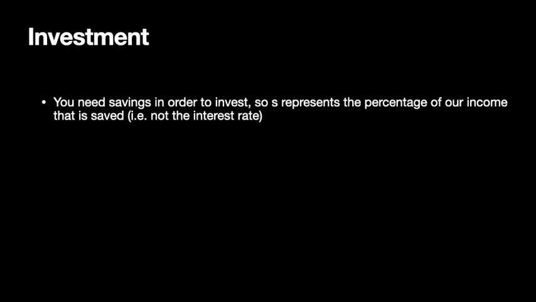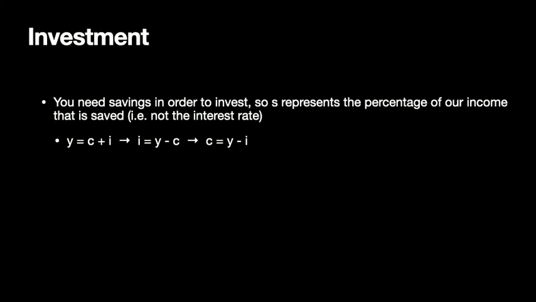So if we're only consuming or investing and we say we consume 80% of what we produce, then savings would be 20%. It's not an interest rate. It's simply that percentage of our production that we put into savings and therefore investment. So again, Y, output per worker, is equal to consumption per worker plus investment per worker.